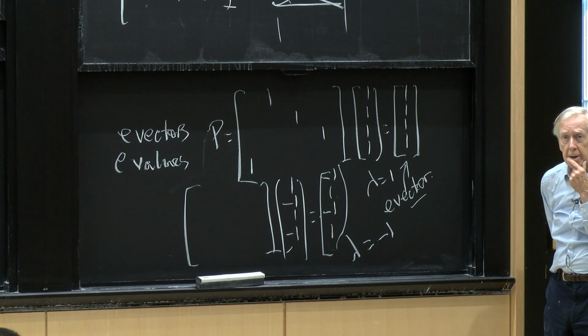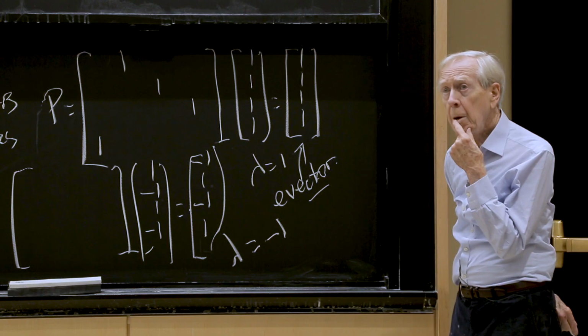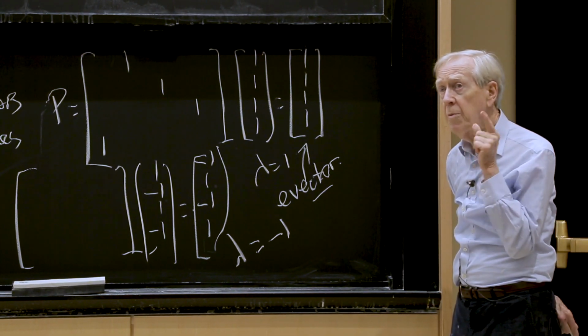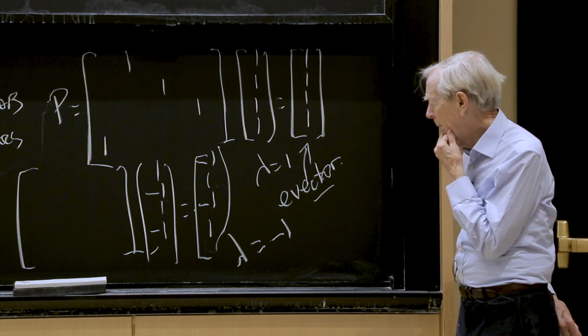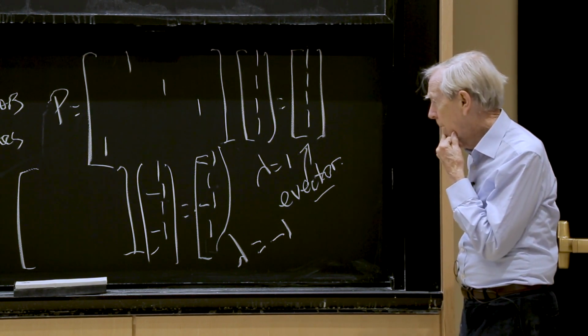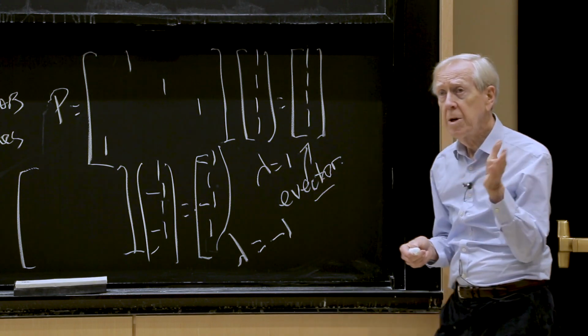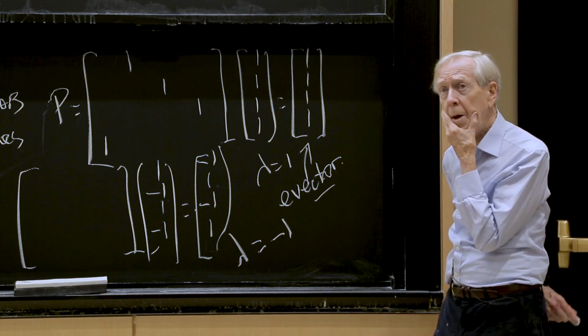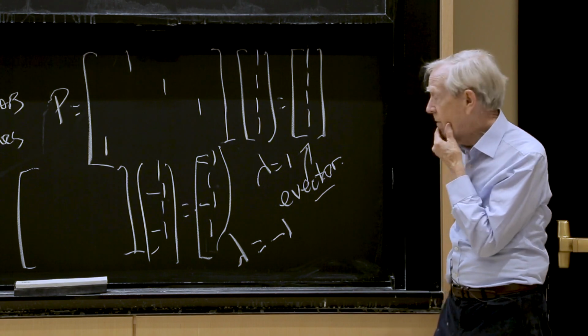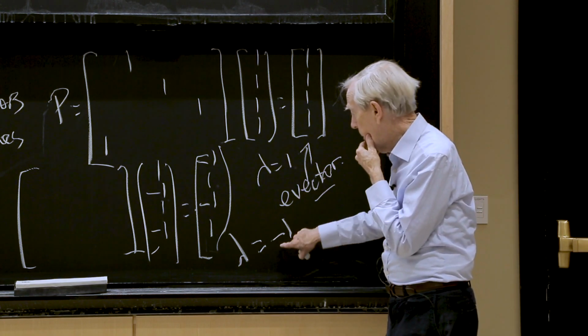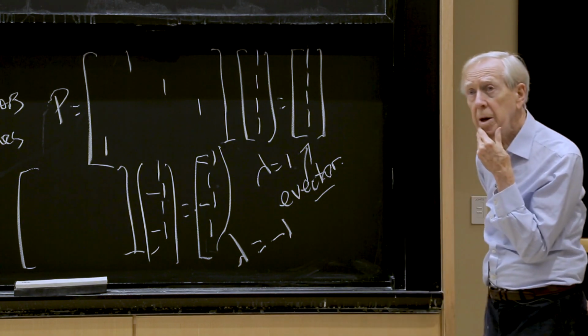So that was a good idea. But the rest of what you said was a bad idea, because the next eigenvectors are going to be somewhere else. We've just got one eigenvalue there and one there, and we haven't got the other two.